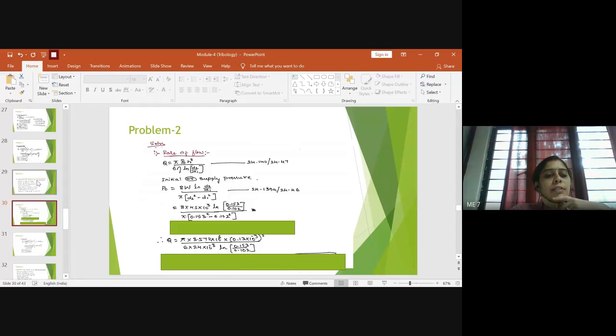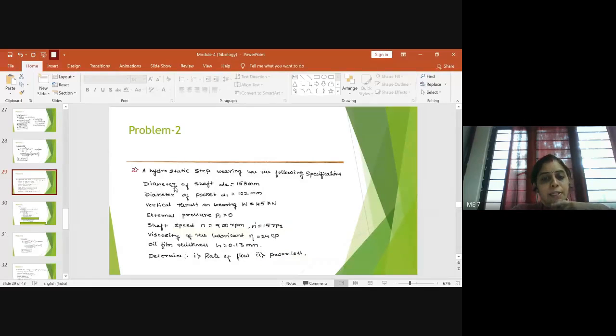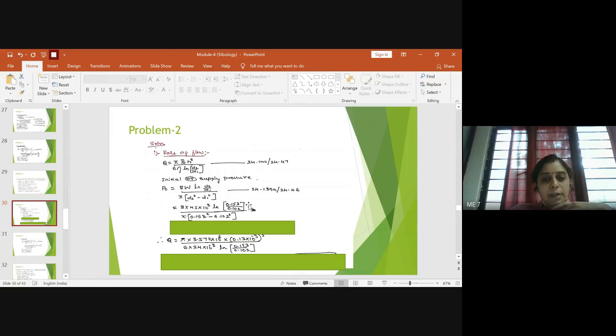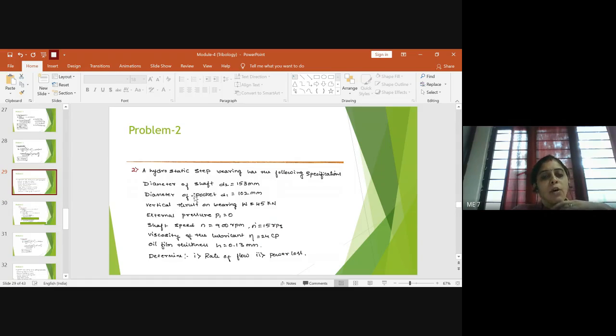D2 is nothing but the diameter of the shaft. So kindly convert 153 mm into meter. So it is 153 into 10 raised to minus 3, or directly you can write 0.153, divided by the diameter of the pocket or the recess.